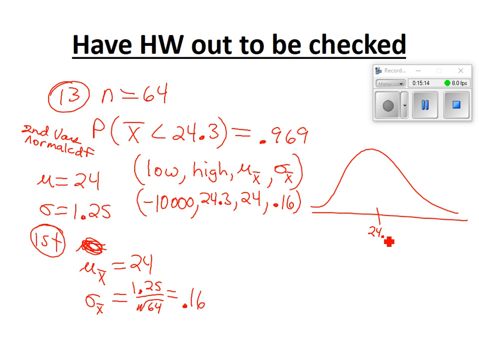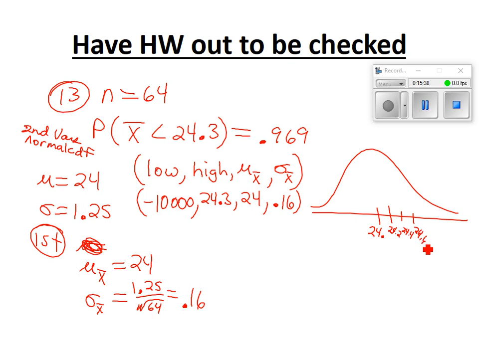I don't know why I started to put 24.3. And we're going to use 0.16, our standard error, so we're going to go up by 0.16. I'm going to use 0.2 instead, just to make it easier: 24.2, 24.4, 24.6.